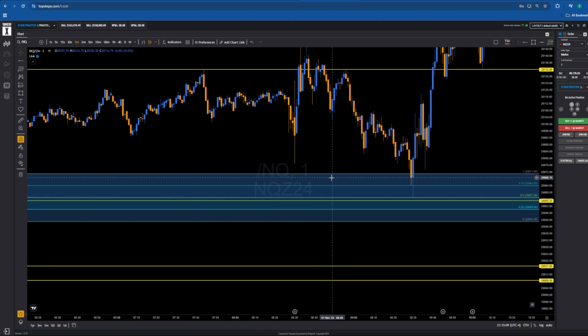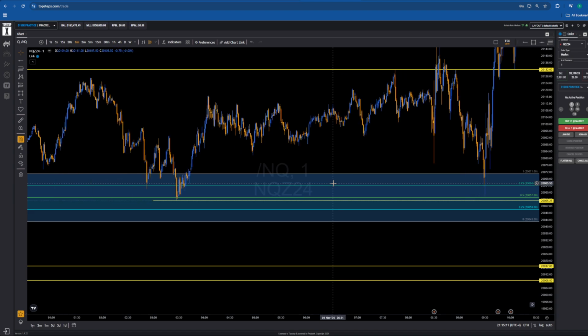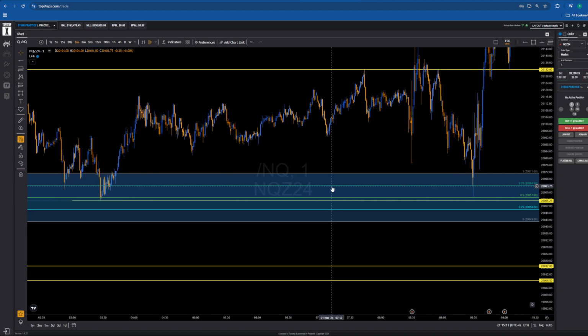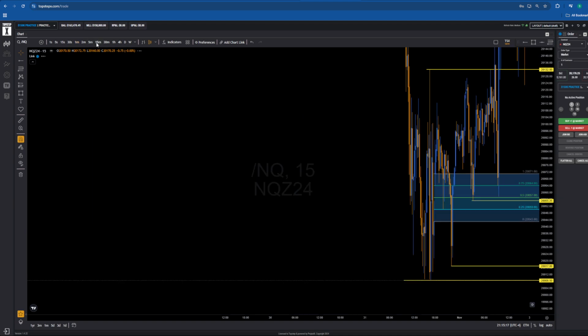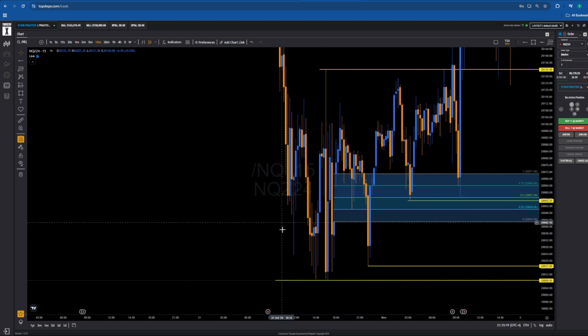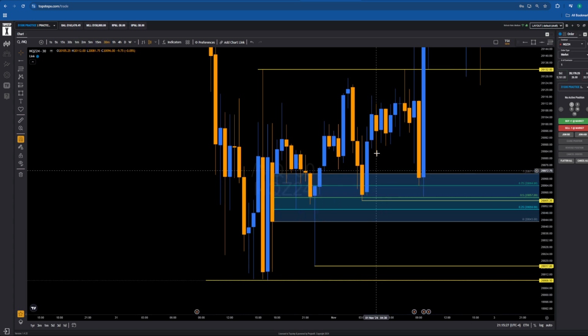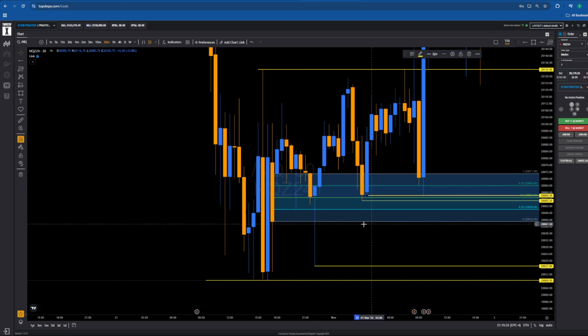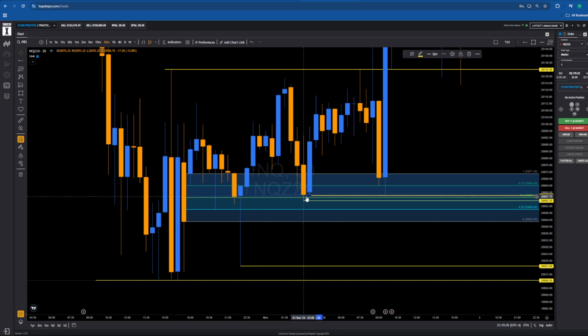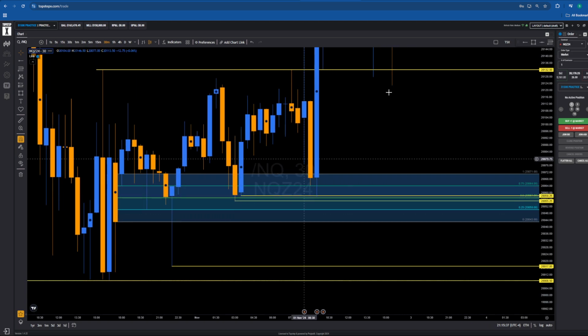I think on the 15-minute, I did have this, or maybe on the 30-minute, I also had this low marked as well. The reason being, these two lows were pretty close.